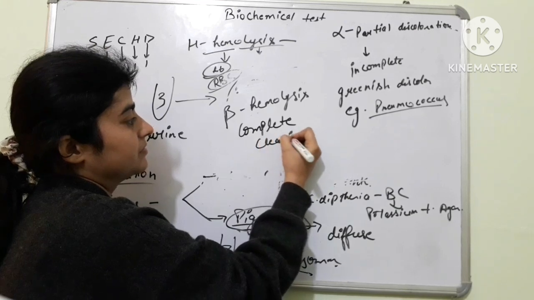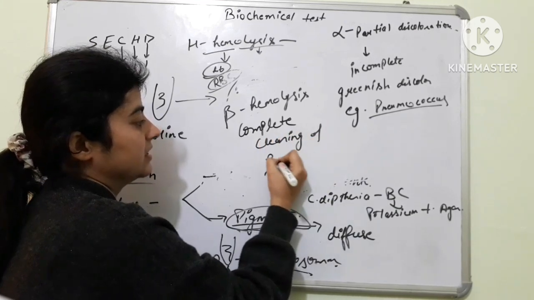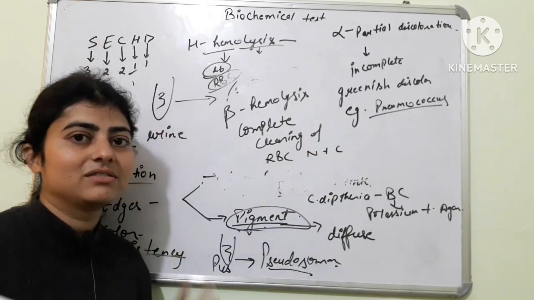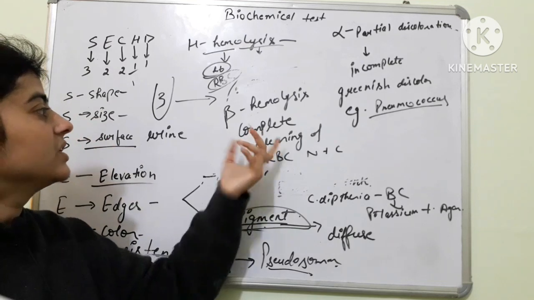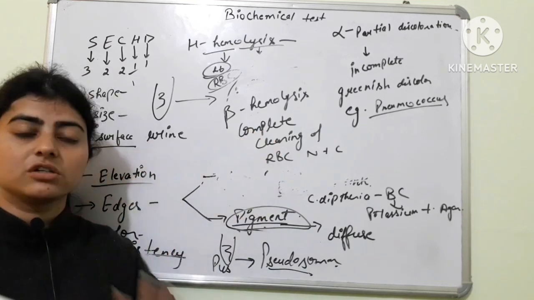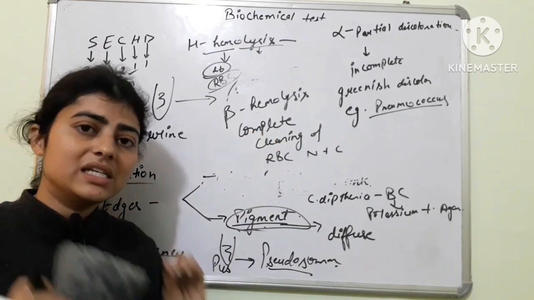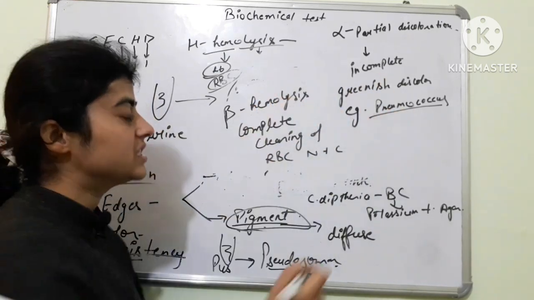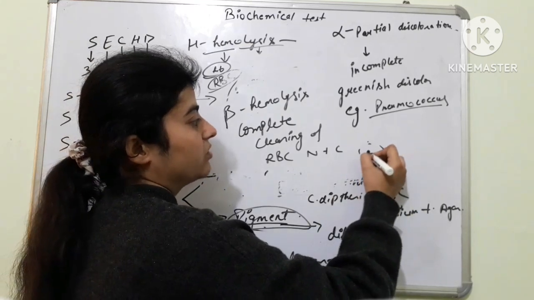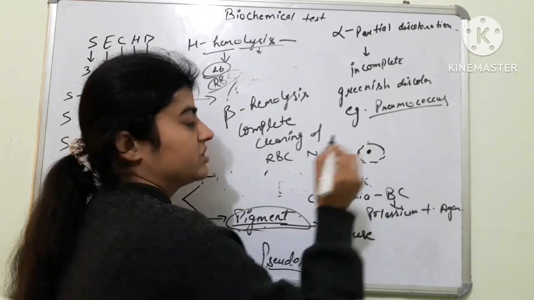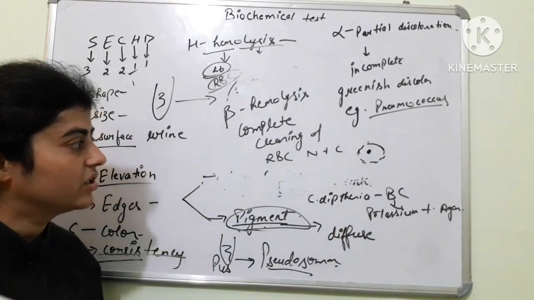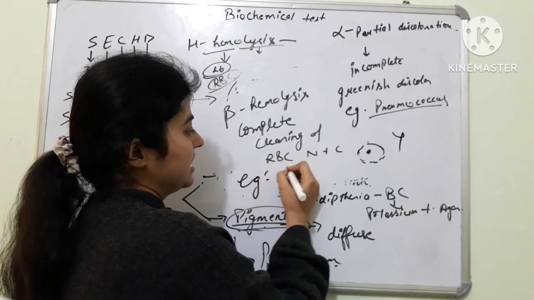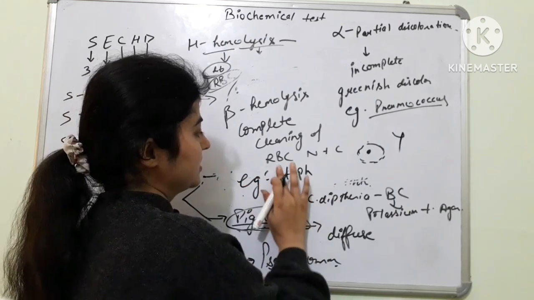So in this there would be no production of color. You can easily identify whether it is beta or alpha. In beta you will see a large halo around the colony, a large clearing of blood agar near the colony. An example is Staph aureus.